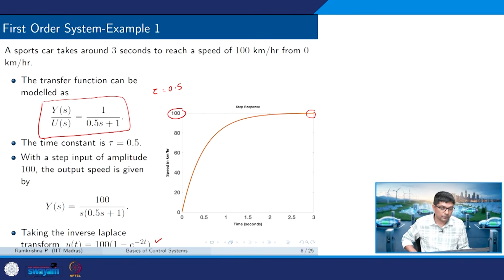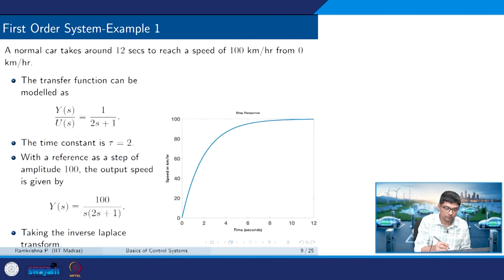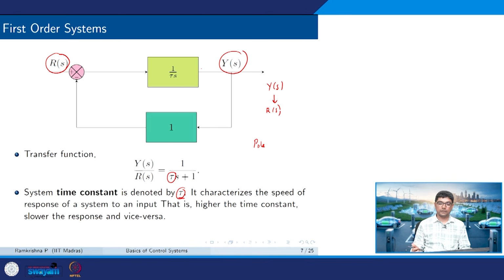Okay, so what else can we do? Now suppose I change tau from 0.5 to 2. The same analysis I do, and what I get is the system goes from 0 to 100 now in 12 seconds, right. So, this tau, which is a time constant, decides how fast my system responds to input. The higher the time constant, the slower the response, and vice versa.